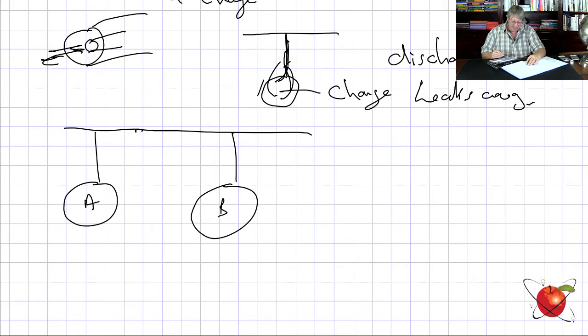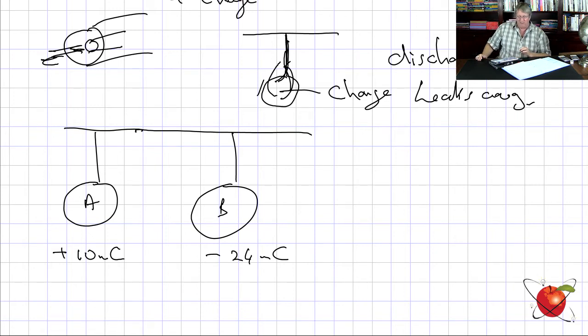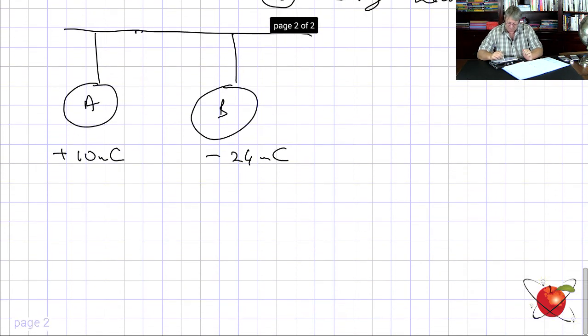A, B, 10 millicoulombs and 24 millicoulombs. Plus 10 millicoulombs, minus 24 millicoulombs. Okay? Now I know there's a little formula that everybody uses, but never mind the formula, let's just look at what this means, right?